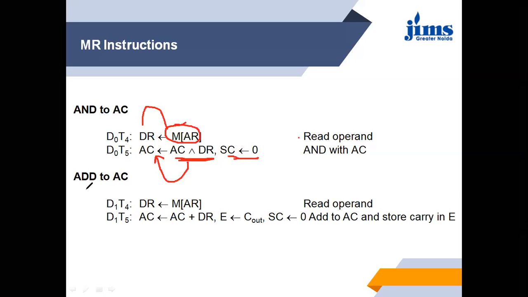When we have to add the content, this is the same, only the operation is different, that is D1. Earlier it was D0, D0 was for AND, D1 is for add.